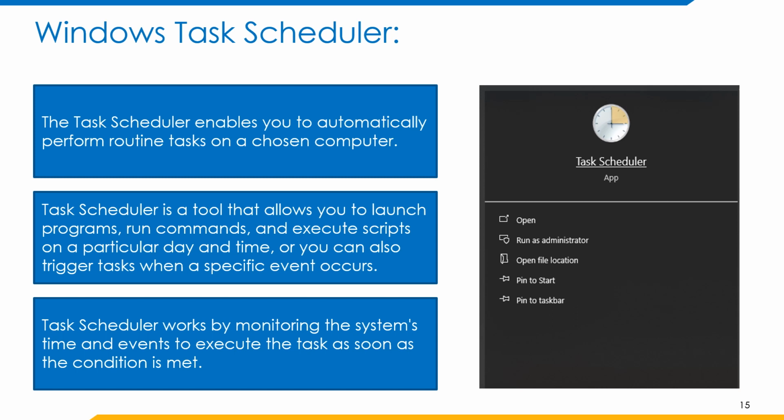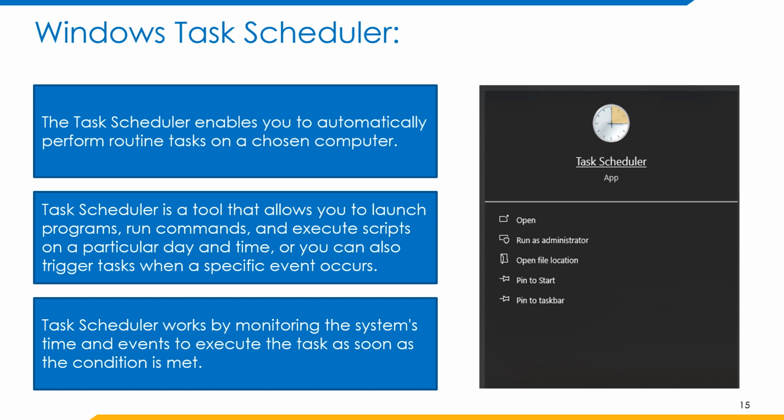To automate the same process, we will require Windows Task Scheduler to schedule the script. Before going to automate the script, let us understand what Windows Task Scheduler is and its functionality. Basically, Windows Task Scheduler is a built-in utility in the Microsoft Windows operating system that allows you to automate and schedule tasks to run at a specific time or in response to an event.